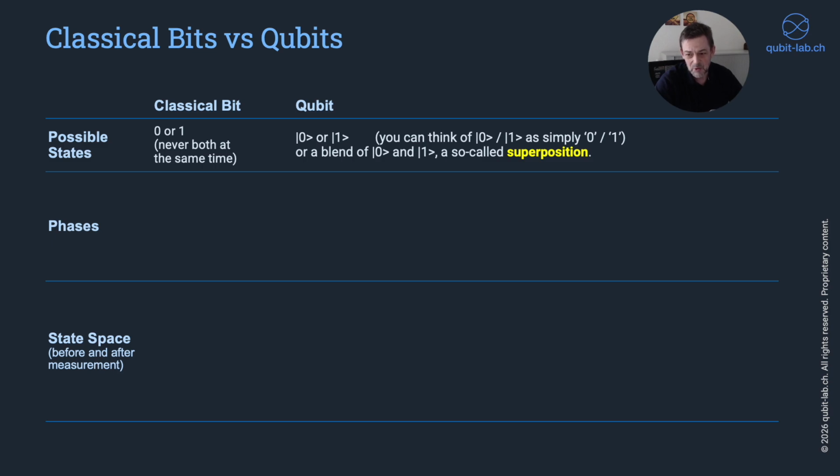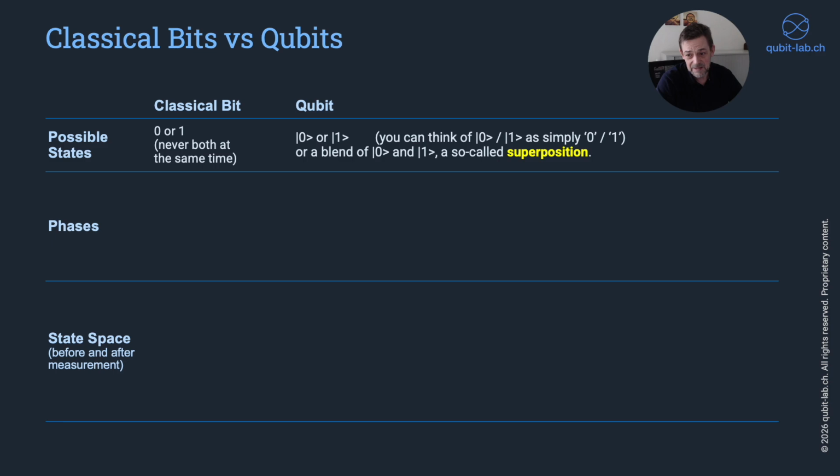And this is about probabilities. If you measure the qubit afterwards, you will get an outcome which is based on these probabilities. So if we are in a balanced superposition, there's the same probability to measure 0 and 1, each of those two states has the same probability.